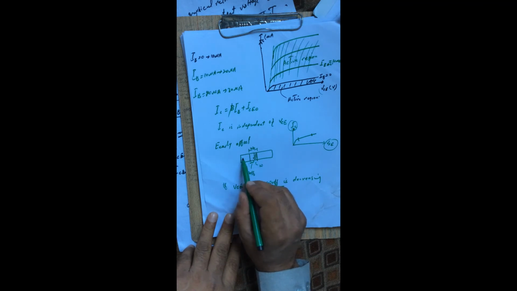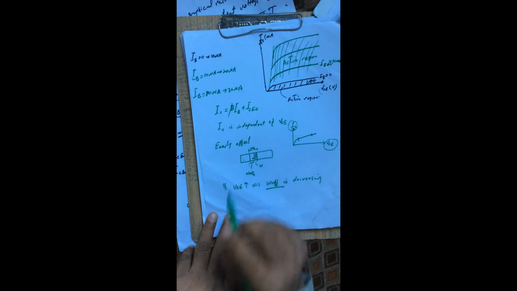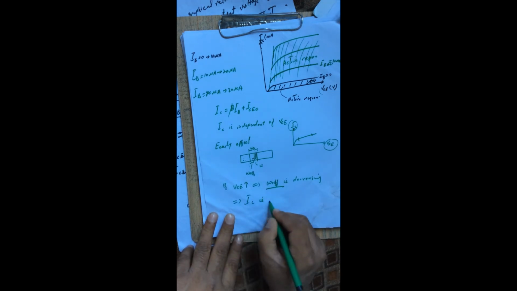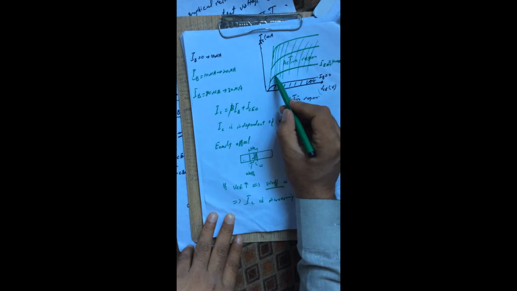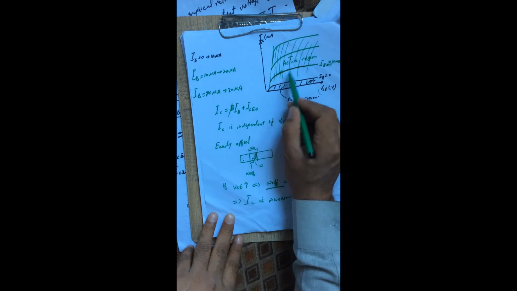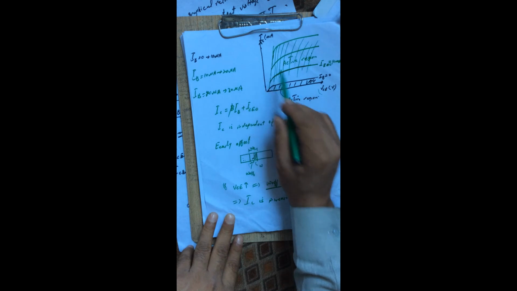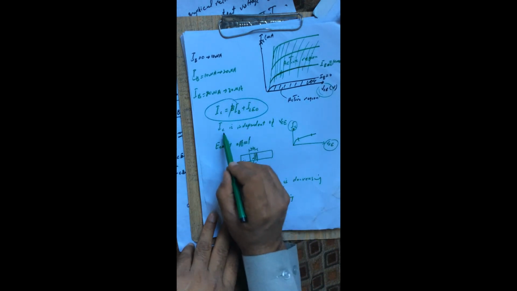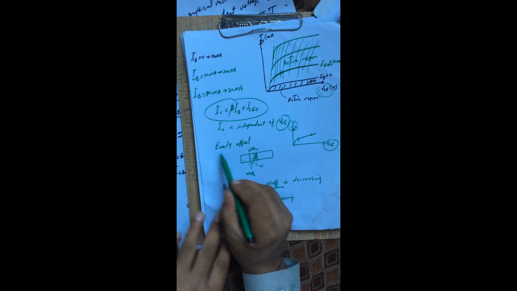It means that most of the electrons coming from the emitter to the base go to the collector, so the collector current increases. So IC is increasing. That's why we see a small variation, not too large, but there is an increase in the collector current as we increase VCE, even though from this equation IC is independent of VCE, and this is because of the early effect.